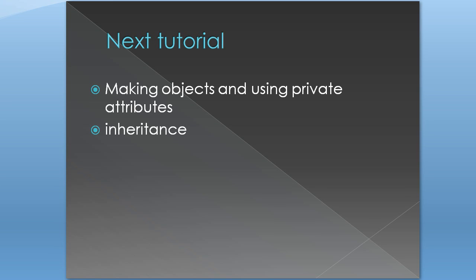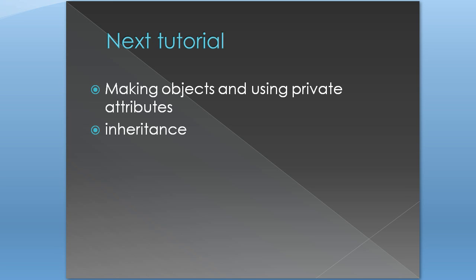Well, that's it for this tutorial. Hope you enjoyed it. Next tutorial, we're going to discuss making objects and how to use private attributes with these objects. And we're also going to talk about inheritance. The tutorial after that, we're going to talk about polymorphism, and that'll be it for OOP. And that'll be it for the C# tutorial.